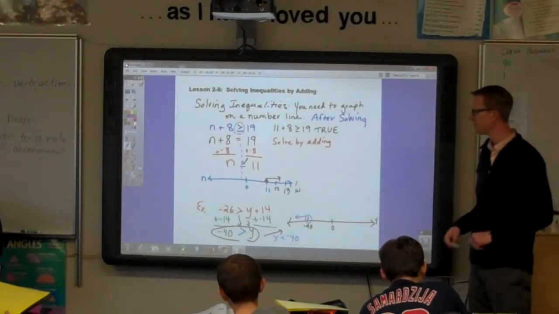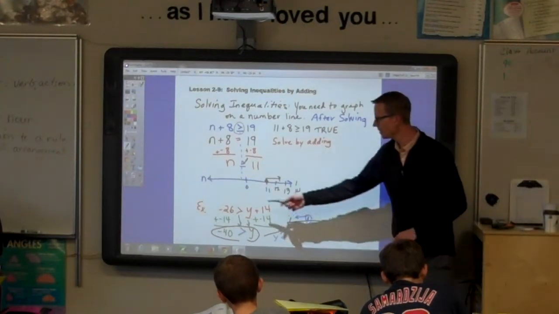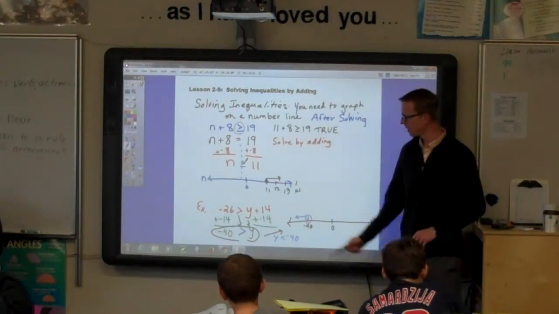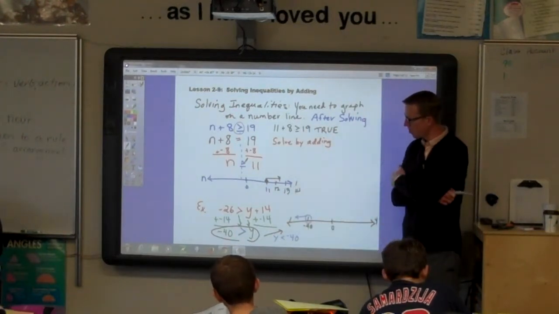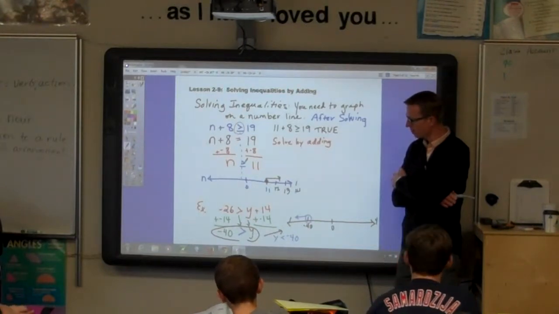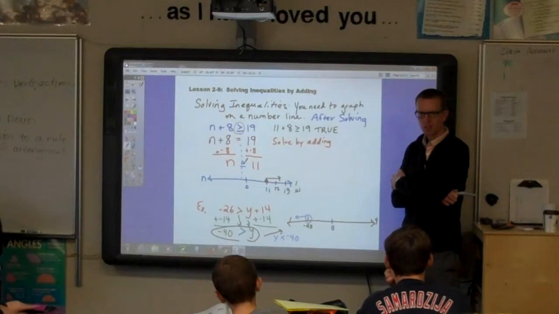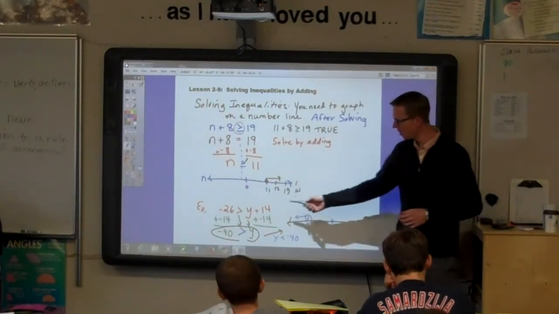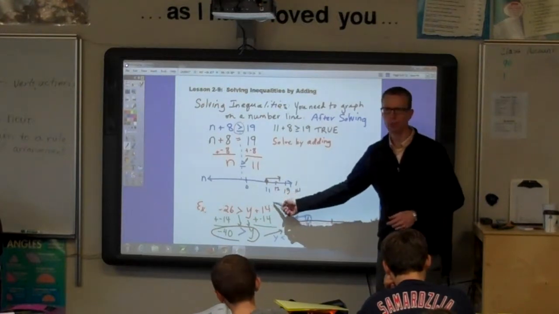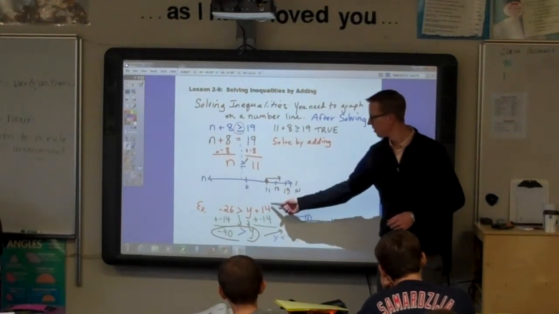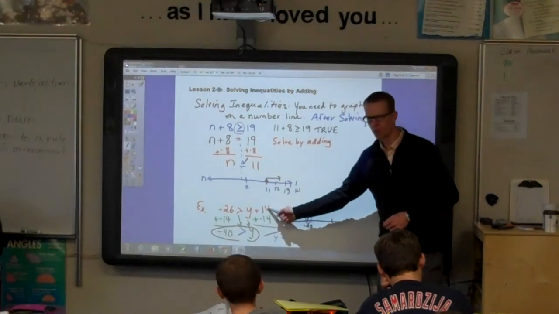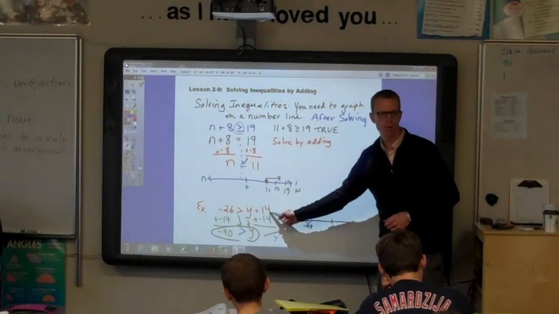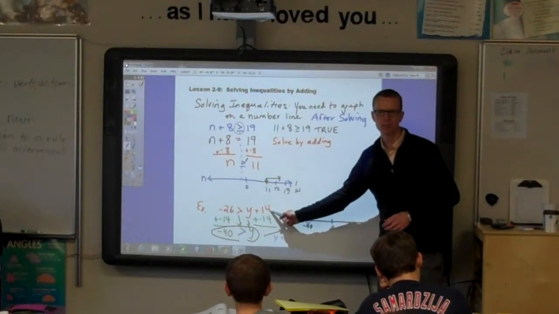Now look at this example. Second example. Negative 26 is greater than y plus 14. Now, we have to start on the side with the variable, right? Find that 14. You got to get rid of that 14. How do you get rid of the 14?